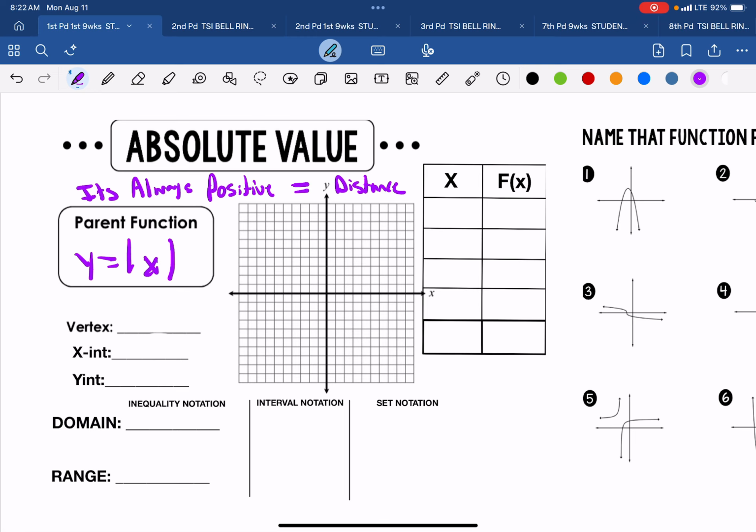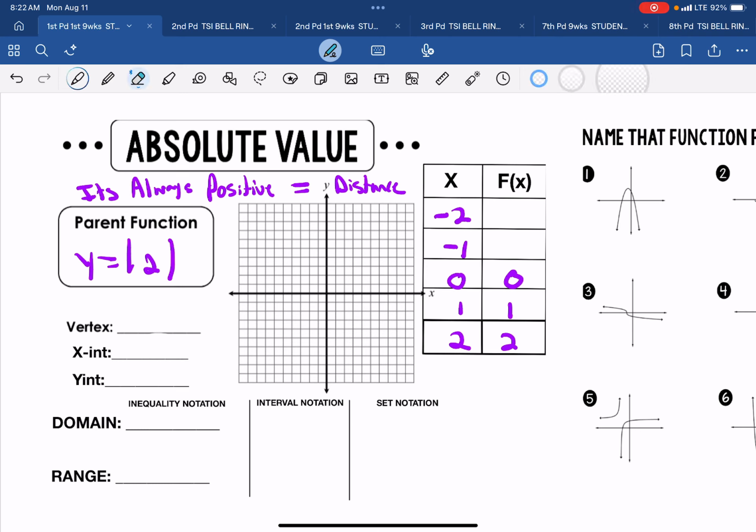So, when we look at this, right, I'm going to choose these values. Right, and I'm going to replace the x with 0. Let me start with that one. The absolute value of 0 is 0. The absolute value of 1, well, that's 1. The absolute value of 2 is 2.